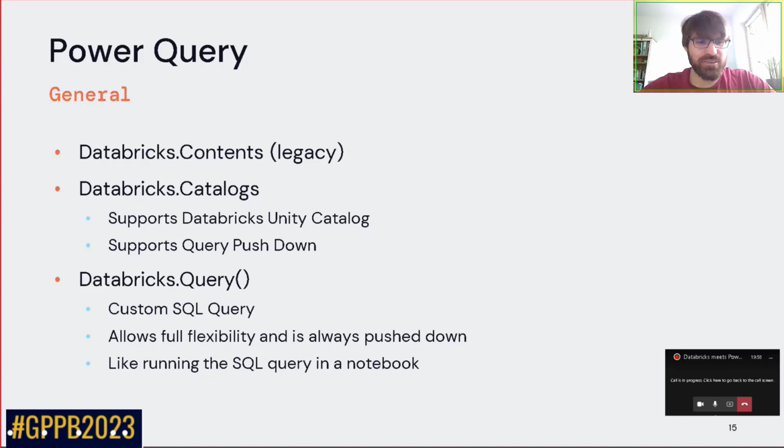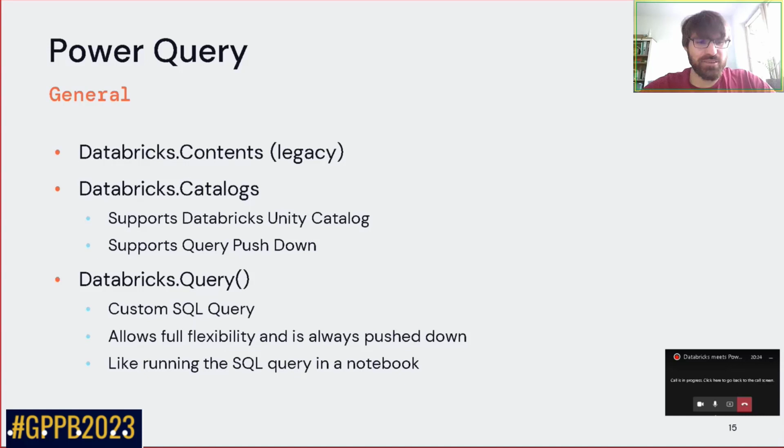But nowadays, I would recommend using Databricks catalogs, which is also the default if you just select Azure Databricks from the known sources. The additional features that Databricks catalog supports are support for Databricks Unity catalog, and also the query pushdown that I mentioned before.